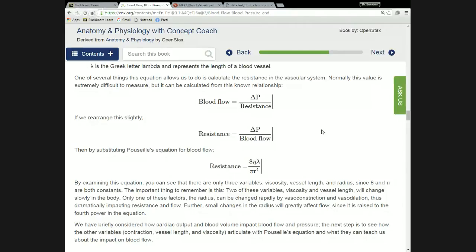There's a pretty significant change in blood flow because the math involving the radius, which is just half the diameter of the circle, is to the power of 4. So a small change in diameter of a blood vessel will make for a significant change in pressure. Going from 2 centimeters to 1 centimeter is going to make blood flow go down by a factor of 16. That's how it works out.